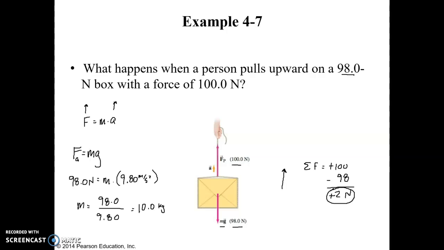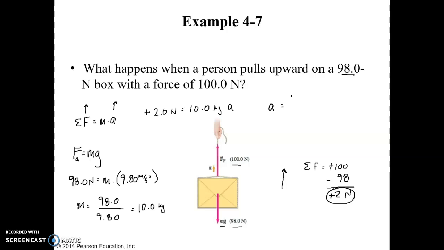kilograms. And so if our upward force, our net force, our sum of forces is positive 2.0 newtons, equals the mass of the box, 10.0 kilograms, times acceleration, then we can solve that equation for acceleration.